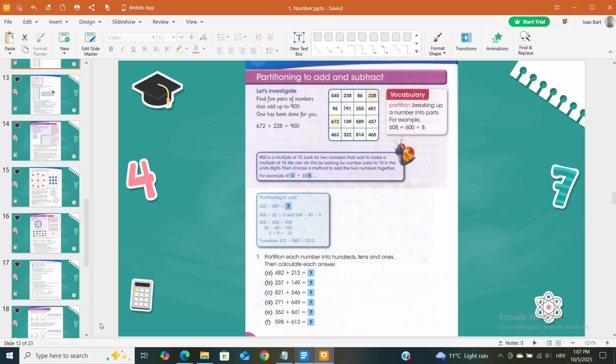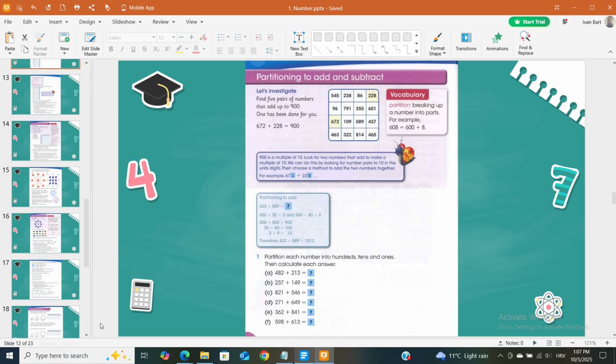D. 271 plus 649 equals? E. 362 plus 841 equals? F. 598 plus 613 equals?